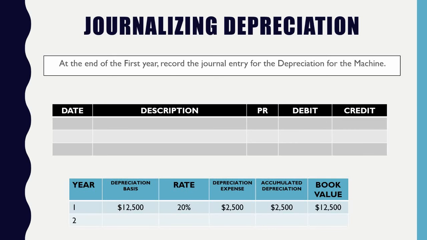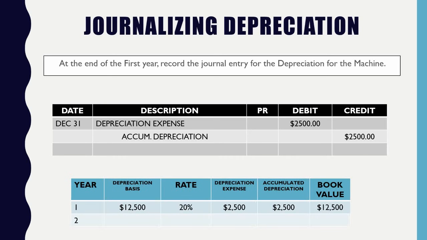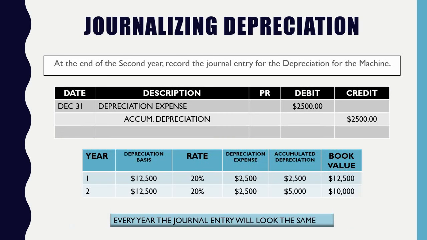All right, so here, what is my journal going to look like for the first year? You'll start with the depreciation expense, and then accumulated depreciation, and it will be for 2,500. Excellent. What about for the second year? It'll remain the same. Good.